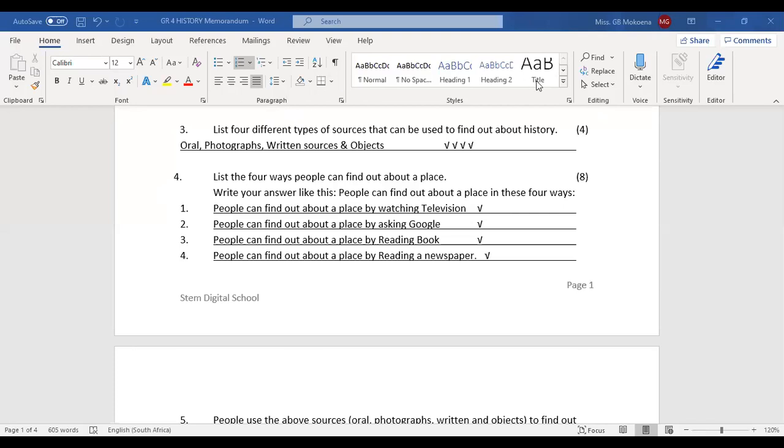Okay, let's move. So the different types of sources that we can use to find out about history are oral. Oral is when people are telling us stories on what happened during apartheid, on how the Khoisan people were living.